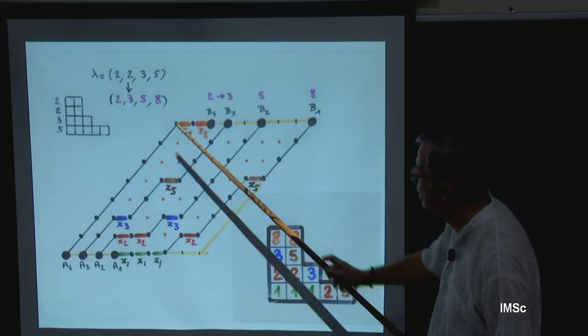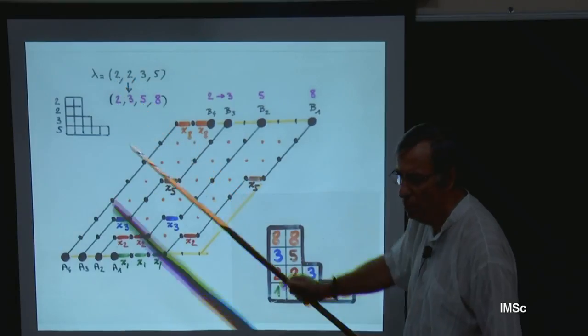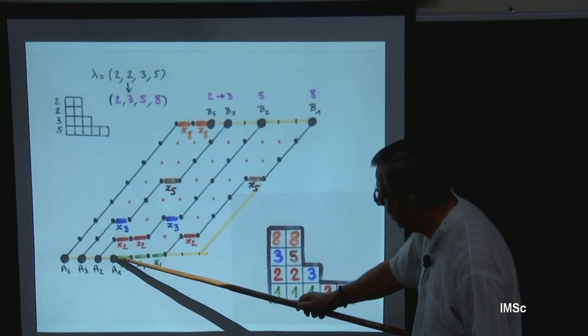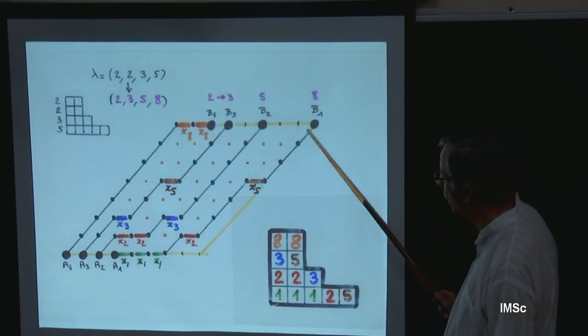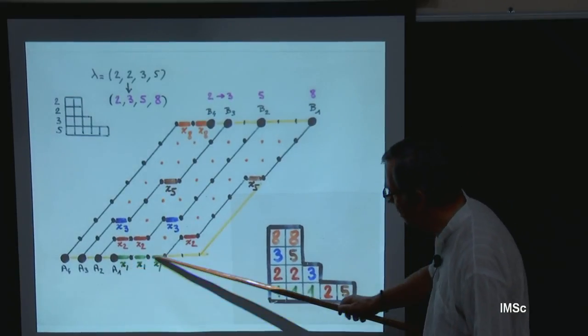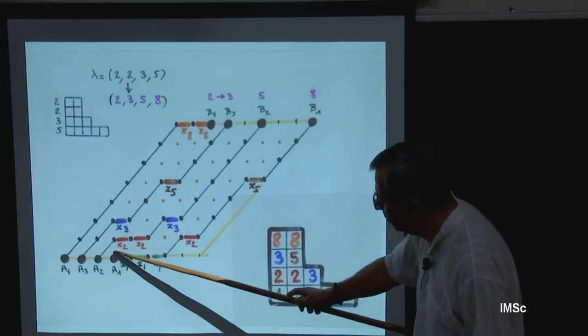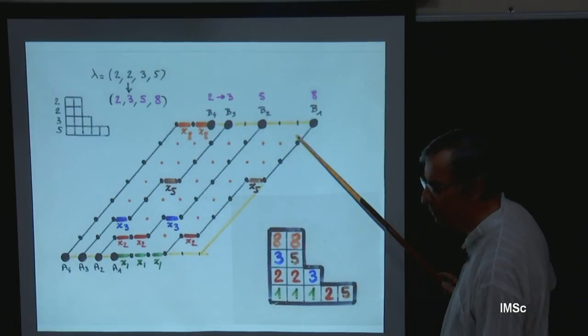The path going from A1 to B1 has 5 levels, which means you are working with a homogeneous symmetric function of index 5.